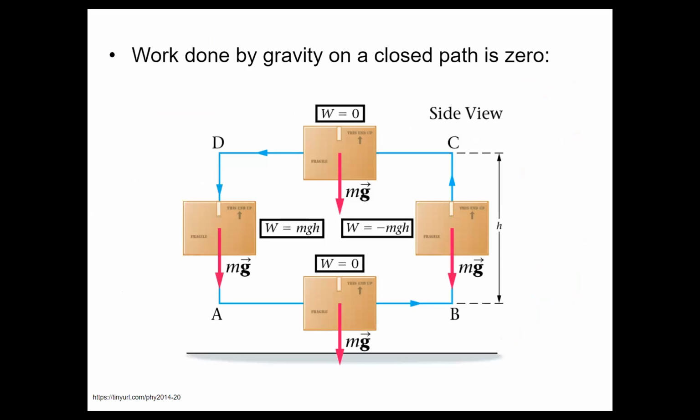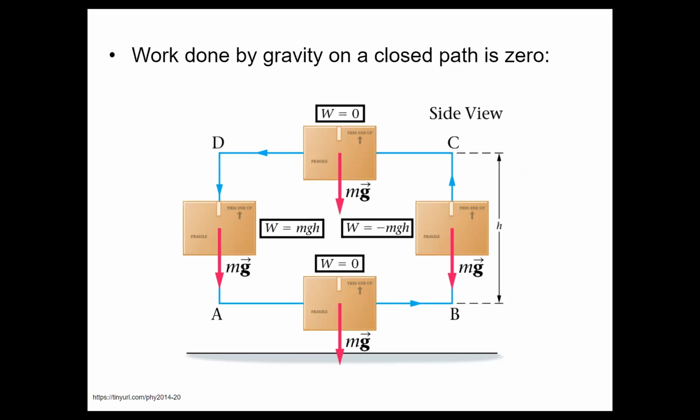So for a conservative force, if the work is done by that conservative force along a closed path, then the work done should be zero. In the figure shown here, you have a box moving on this vertical plane, from point A, B, C, D back to A. Then you can add up the work done by gravity, the conservative force.